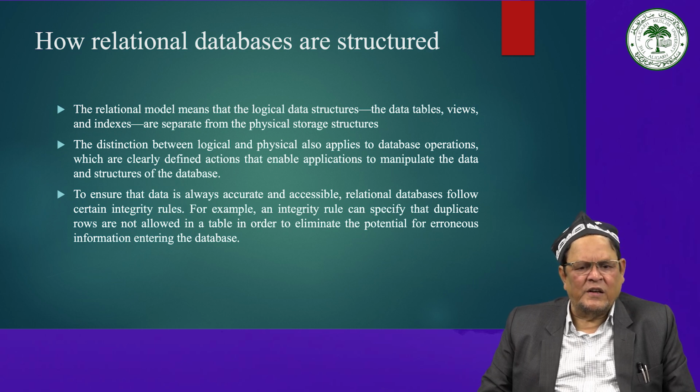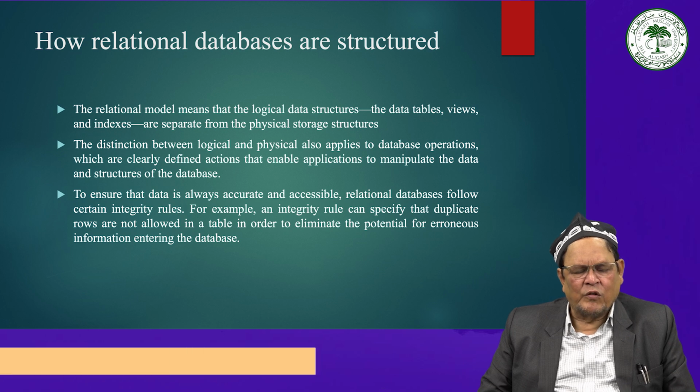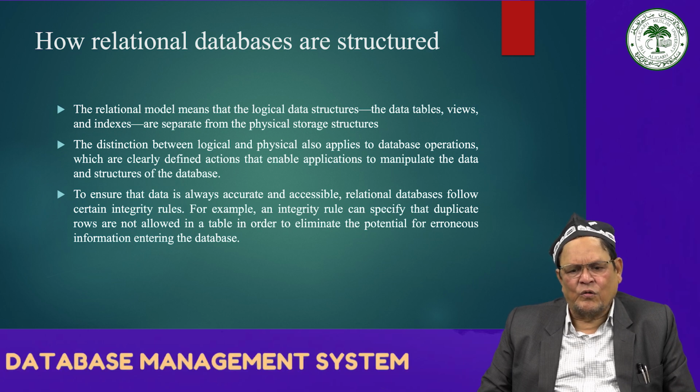To ensure that data is always accurate and accessible, relational databases follow certain integrity rules. For example, an integrity rule can be specified that duplicate rows are not allowed in a table, in order to eliminate the potential for duplicate information entering the database.